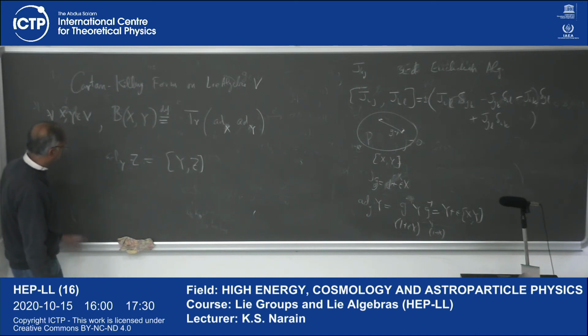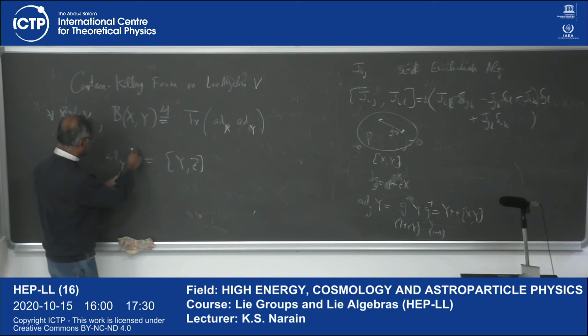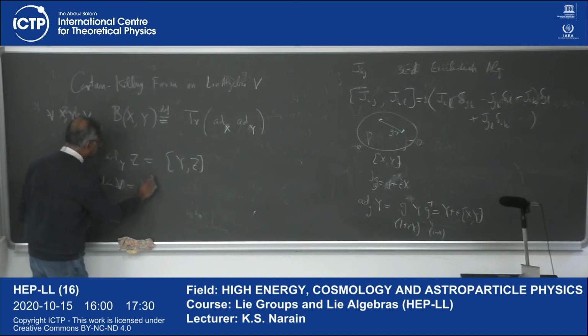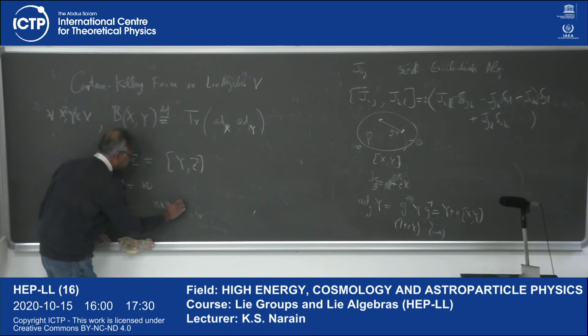So this is known. Therefore, I can always think of ad Y as, suppose the dimension of the vector space V is n, an n cross n matrix.